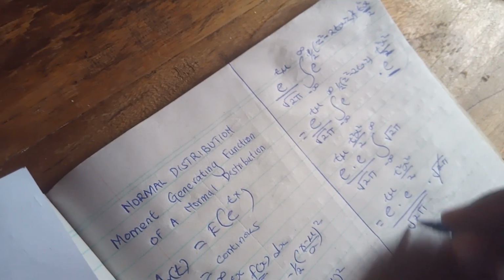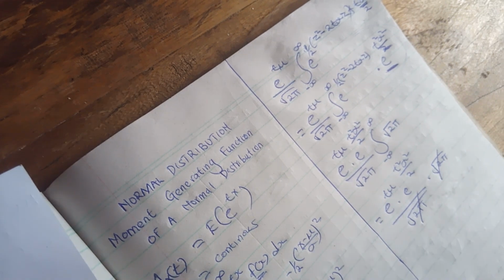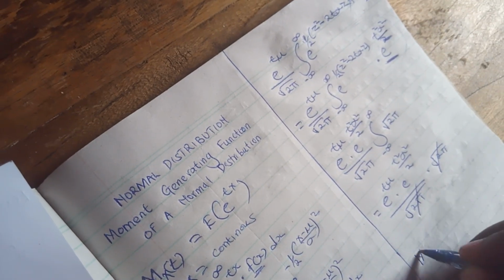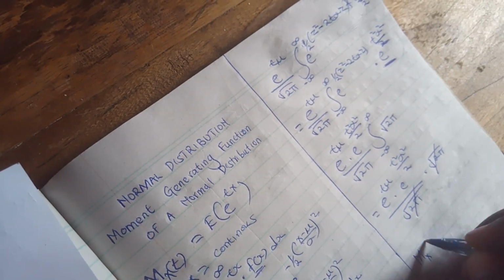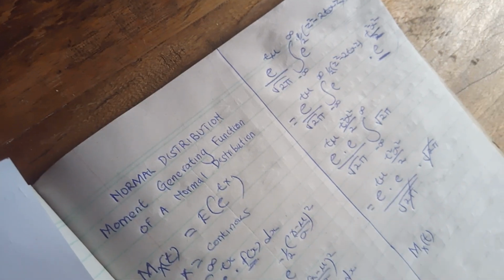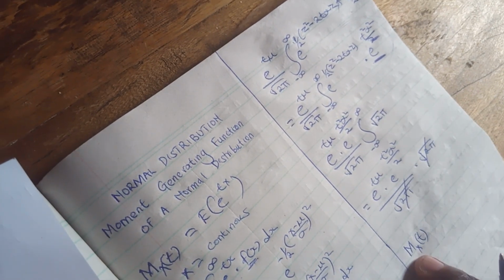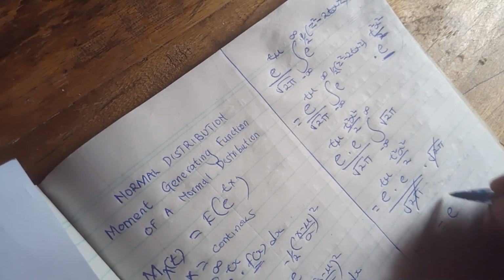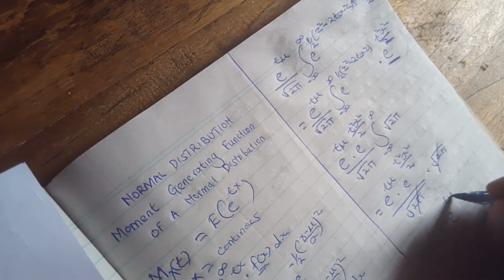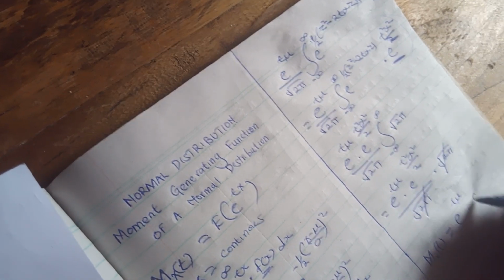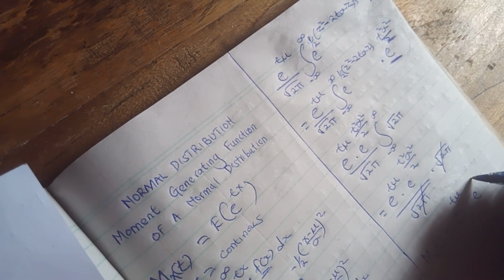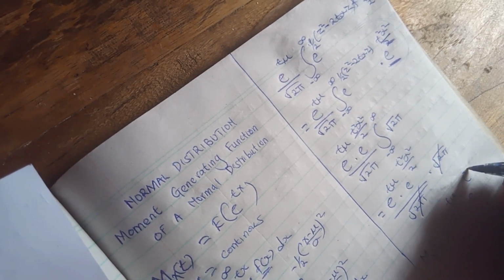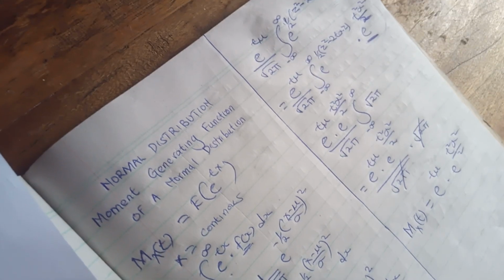Then these cancel out. Then we remain with the moment generating function of a continuous random variable x being equal to exponent t mu dot exponent t squared sigma squared over 2.